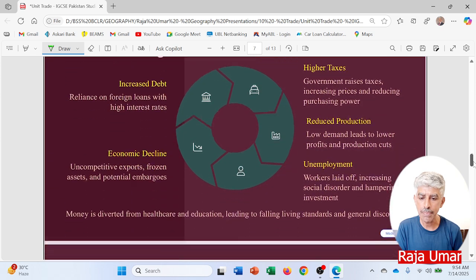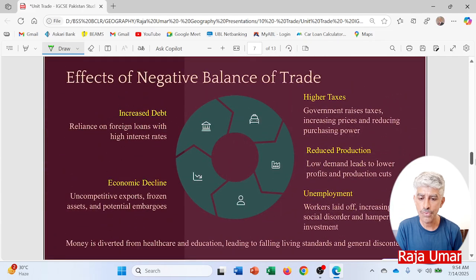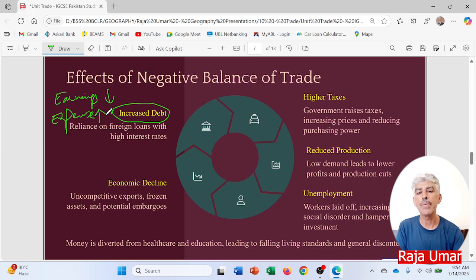So here we have the effects of negative balance. Number one, it increases the debts on the country. As you know that if the earnings are less and the expense is high, very simple.